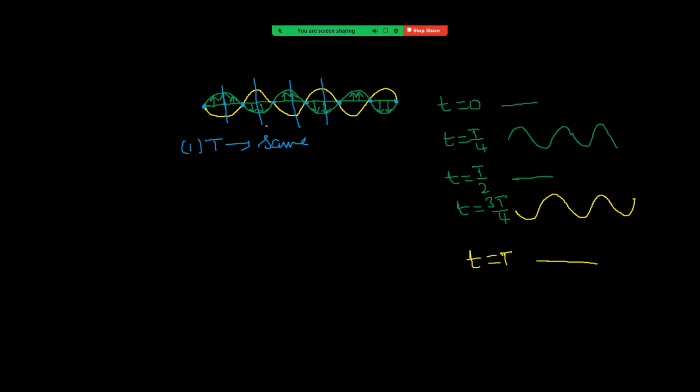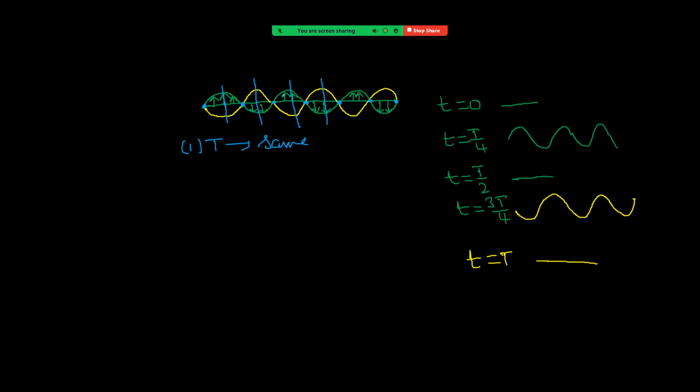And if you see carefully, if particles in the first loop are moving up, in the second loop they are moving down. That means the particles in successive loops are out of phase. If in the first loop they are moving up, in the second loop they are moving down. In the third loop they are again moving up.